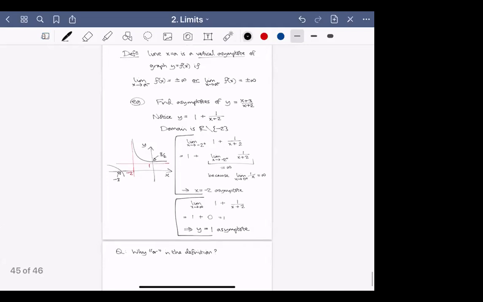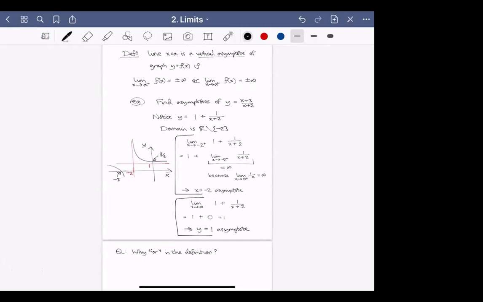The definition was a line is a vertical asymptote if the limit from the left is plus or minus infinity, or the limit from the right is plus or minus infinity.